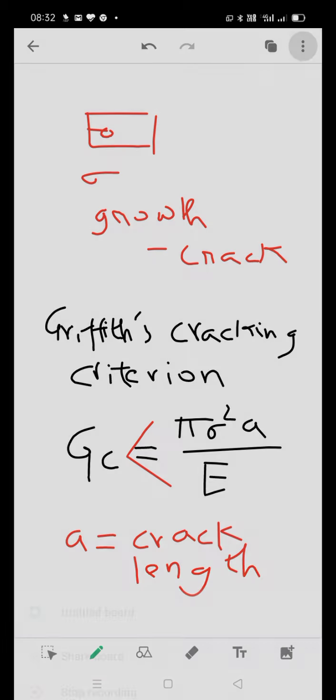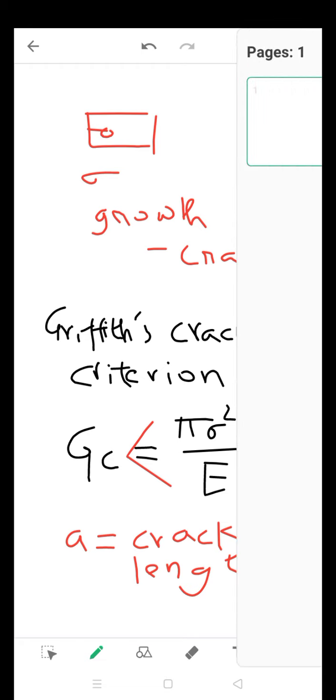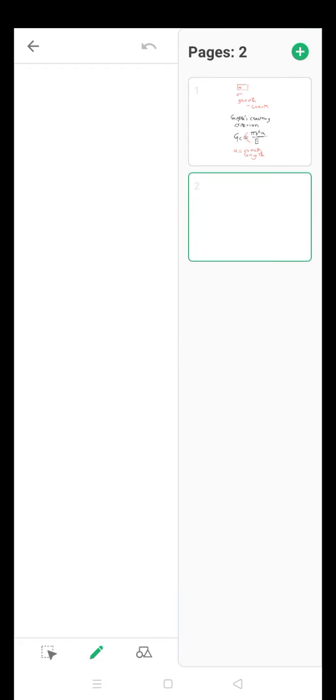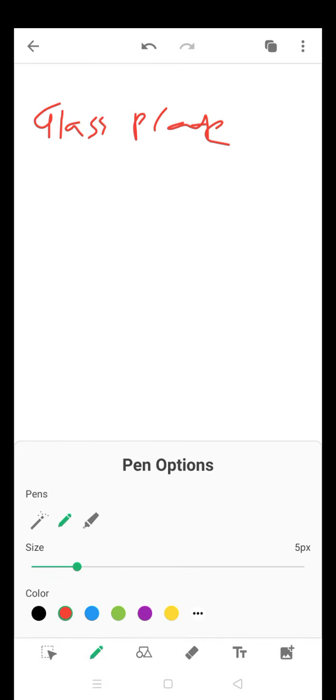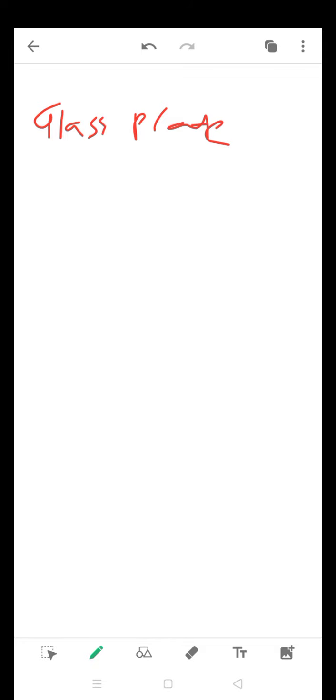Now we will take an example to better understand this. Suppose there is a glass plate which is subjected to stress of about 69 GPa.